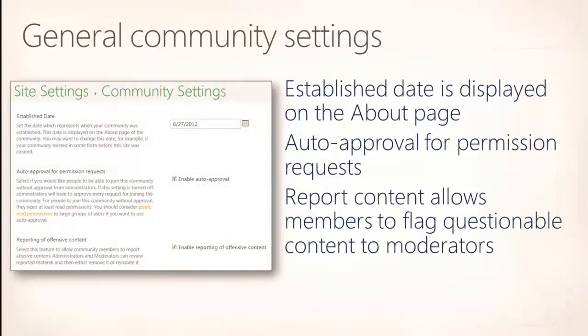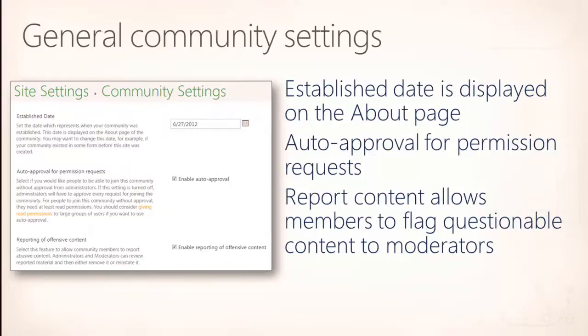A couple comments about the general community settings. One is that we created this thing called established date. It is different from the creation date of the community. So the day you go and say, I want to provision this community, there is a create date that's stamped on there. And while that's a useful date, we know that lots of communities start either months or years before you ever knew about our functionality here to create these community sites.